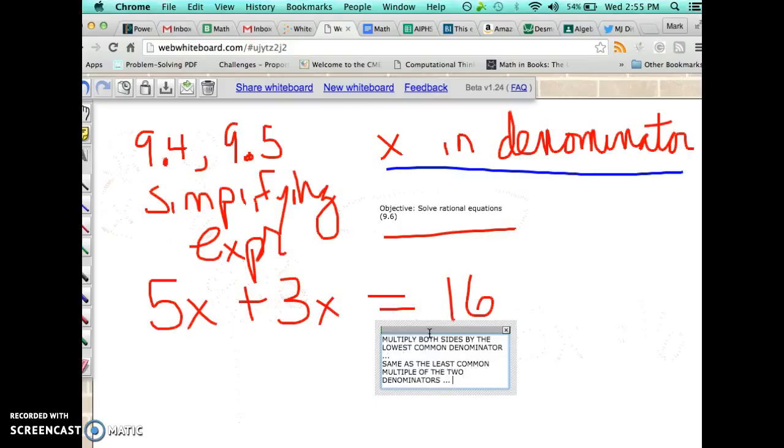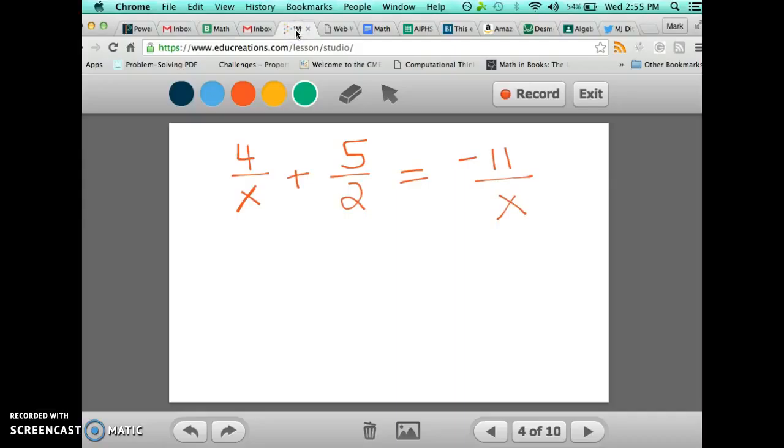So each of the denominators is a number. What's the least common multiple? That's your lowest common denominator. So here, I've got 2 and I've got x. So my lowest common denominator is 2x. So I'm going to multiply everything by 2x.